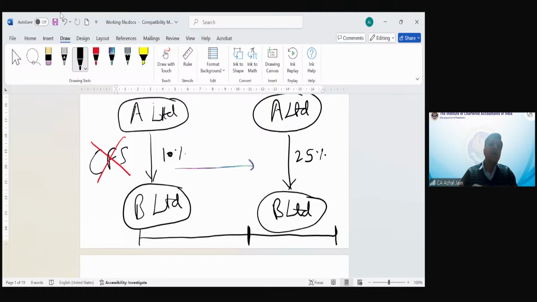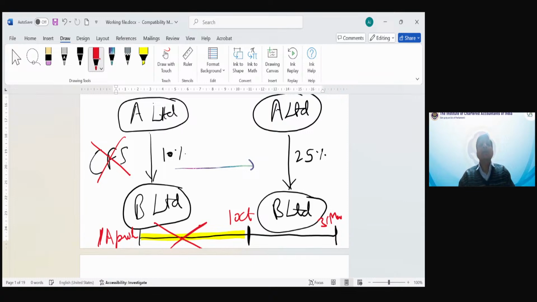So there are two dates: 1st April, 1st October, and this is 31st March. Your consolidation will not start from this date. No. When does your consolidation start? Your consolidation starts from this date.